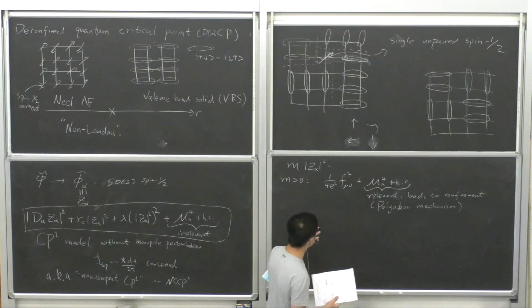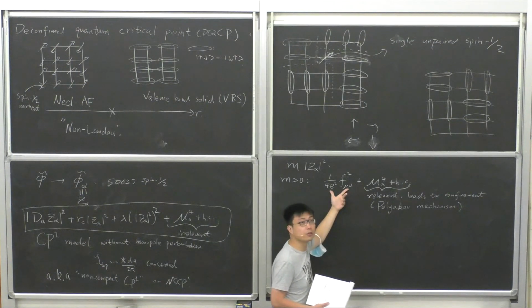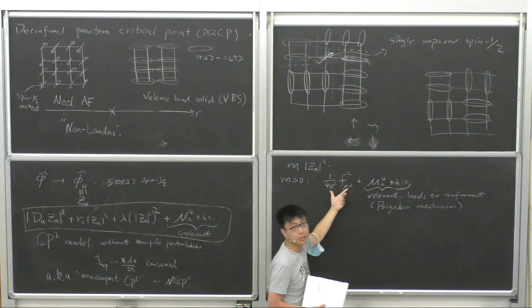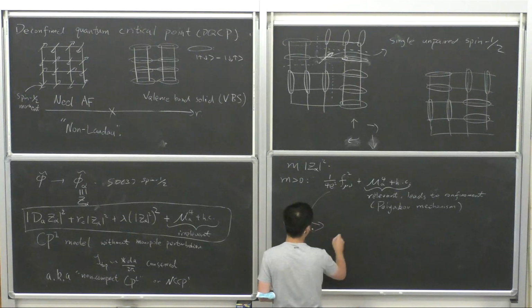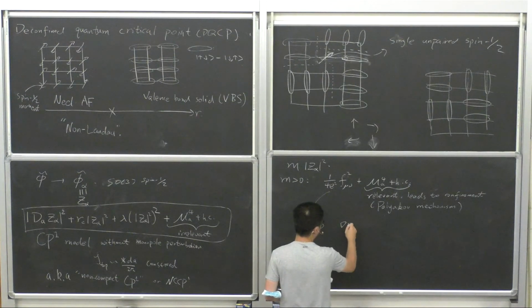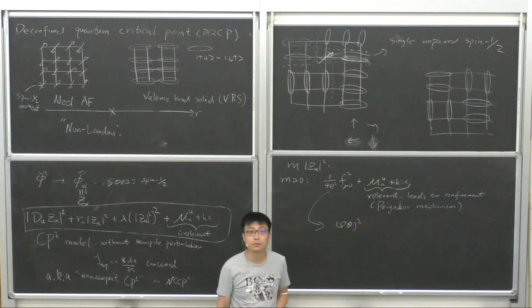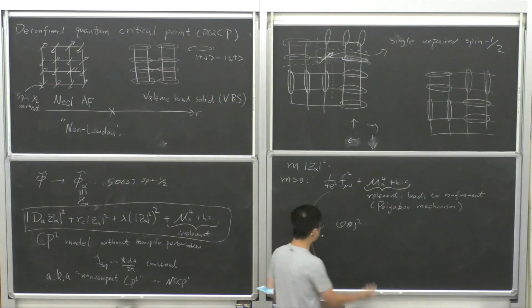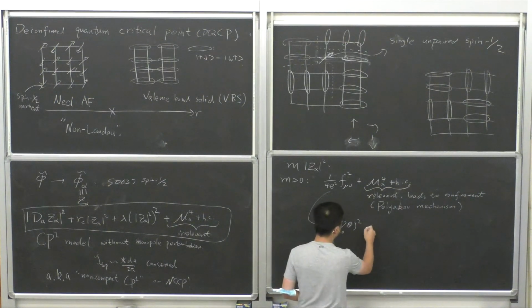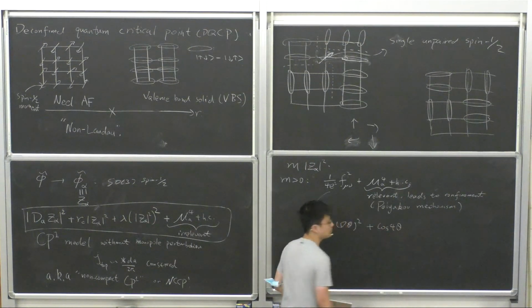You really just notice that, as I emphasized, in 3D a U1 photon theory is just a superfluid, a Goldstone boson written in a different basis. So this theory in 3D is just the Goldstone mode of a spontaneously broken U1 symmetry. And in this language, this fourfold monopole operator is basically a cosine 4 theta perturbation.